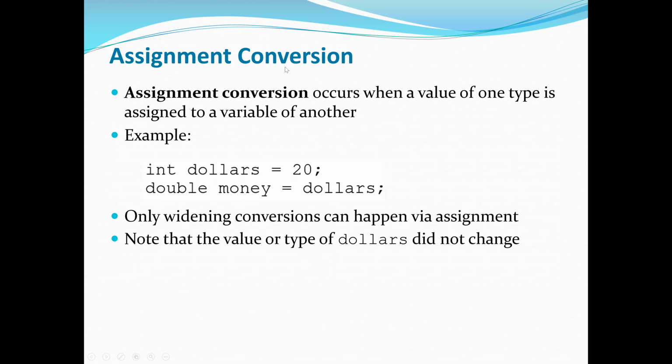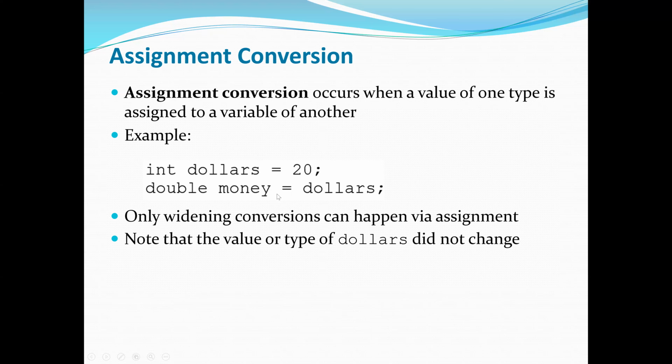So first we go to the assignment conversion. Assignment conversion occurs when a value of one type is assigned to a variable of another. So for example, here we have int dollars equal to 20. So we assign 20 to dollars. Then we assign dollars to money, but money is double. So we do assignment conversion.